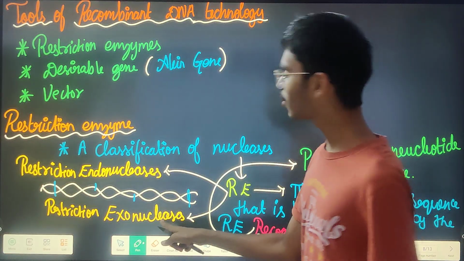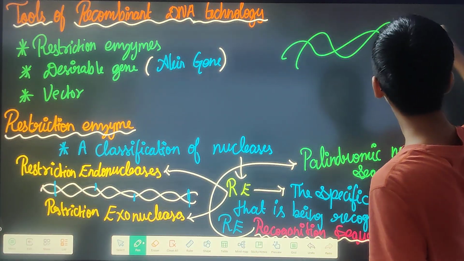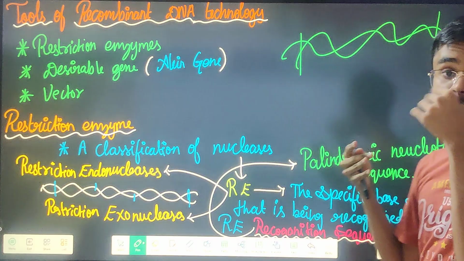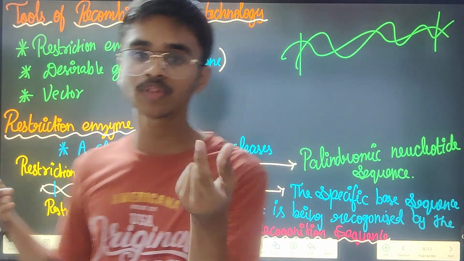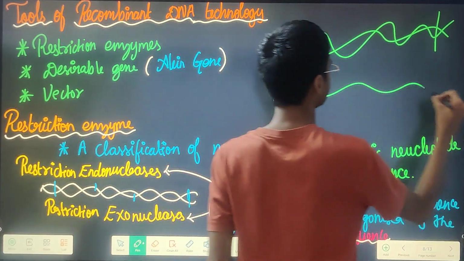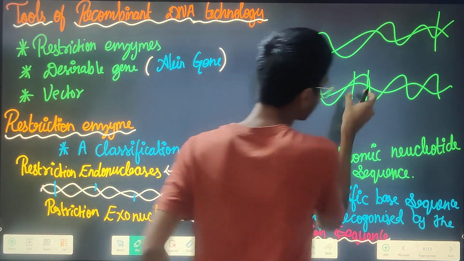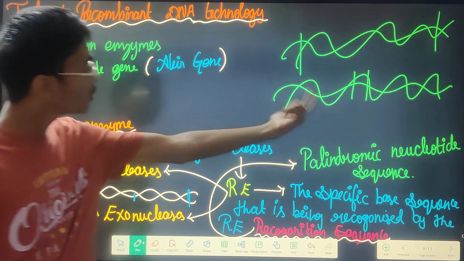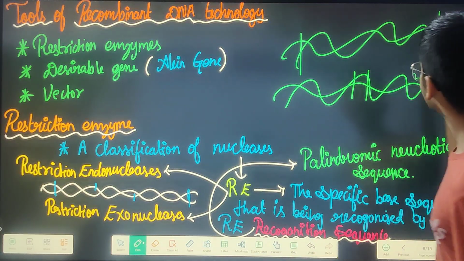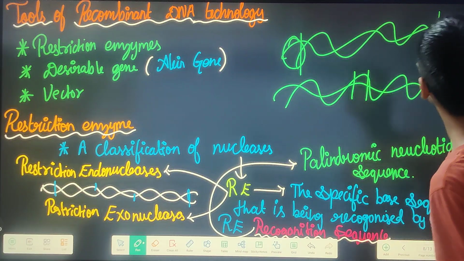And here you cannot say any sticky ends and any blunt end, because you are actually having it chopped from the outside. Now you will have two different parts of DNA when you are using endonucleases. Only one segment you can take out, from the desirable gene. But when you are using exonucleases, here you cannot do like that. Here you will have this as your segment and this as your segment.